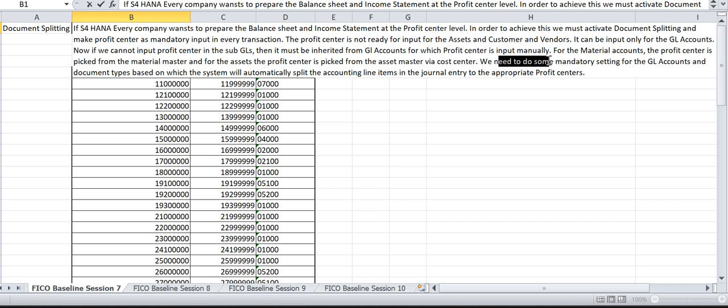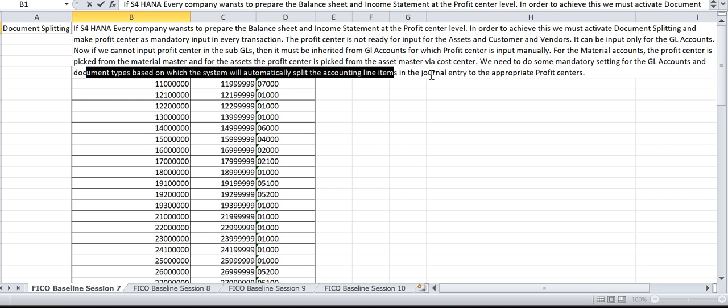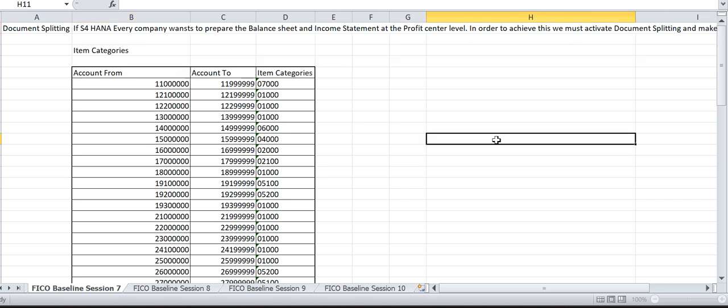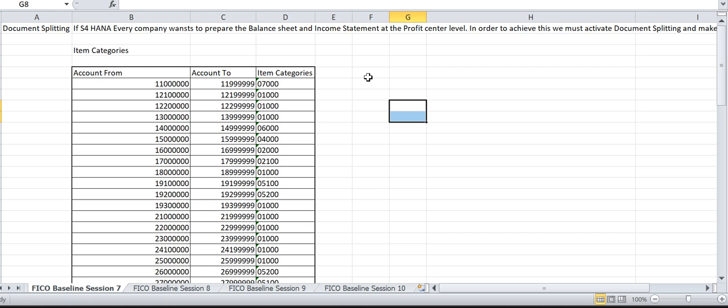So we need to do some mandatory settings for the GL accounts and document splitting, based on which the system will automatically split the accounting lines in the journal entry to the appropriate profit center. Like in our example, in the AP line the profit center was coming from the GL, right? So this setting we have to do now.